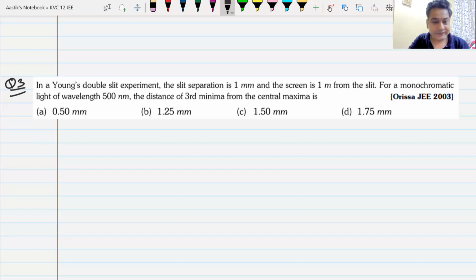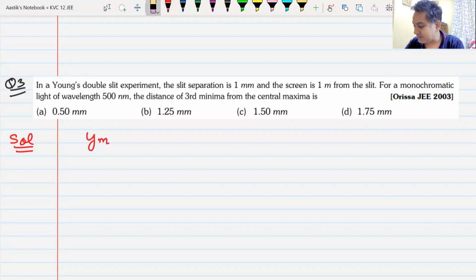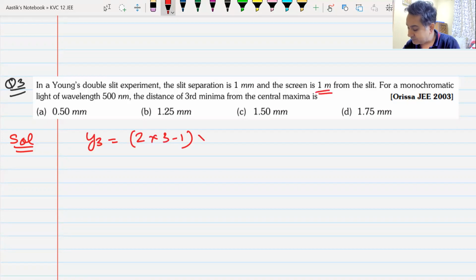We just need to change the formula a bit. We had to find out the distance of the mth minima. In this case, it was the third. So let me write it as (2 into 3 minus 1) into capital D, which is 1 meter, multiplied by lambda, 500 into 10 raised to the power minus 9.